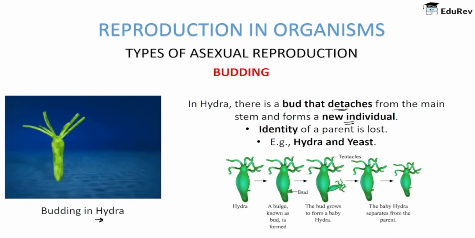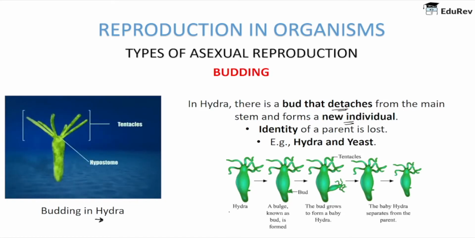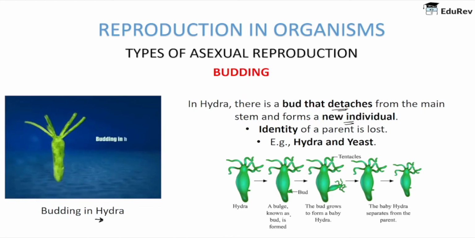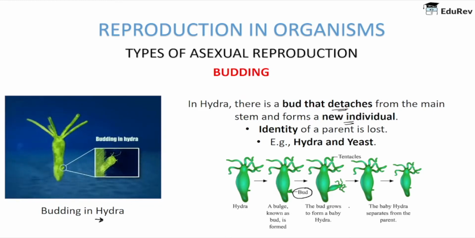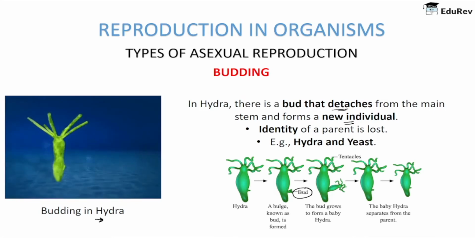Looking at its process, you'll find that there is a picture of hydra in the first step. In the second step, you can see that a bulge, which is known as the bud, is being formed. In the later stage, the bud is growing into a baby hydra.